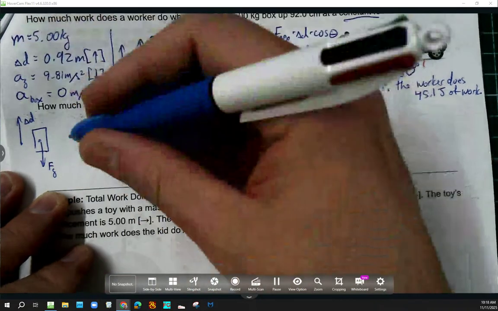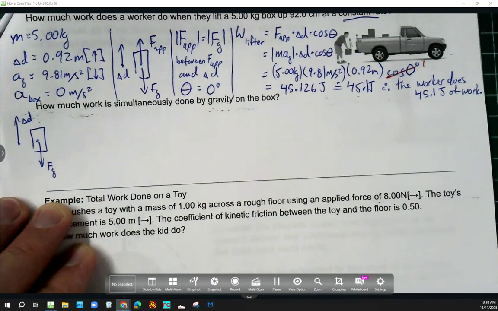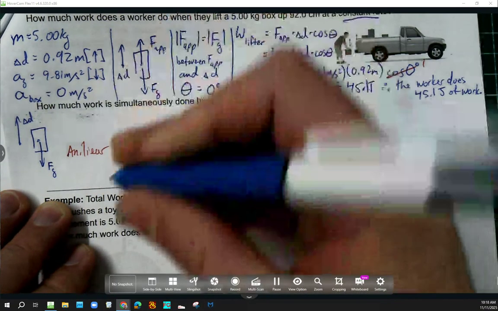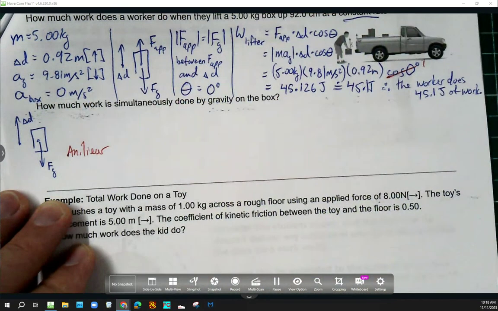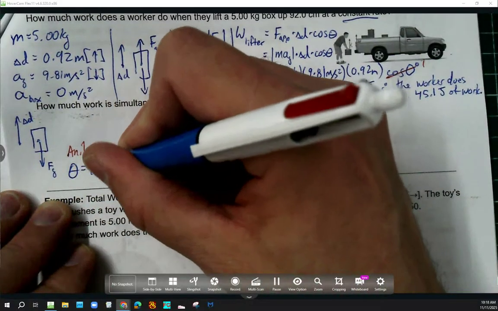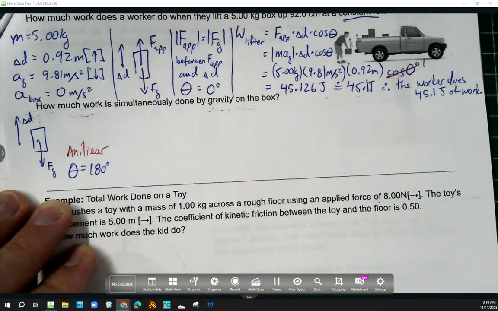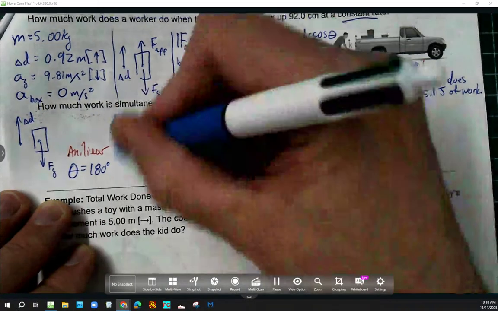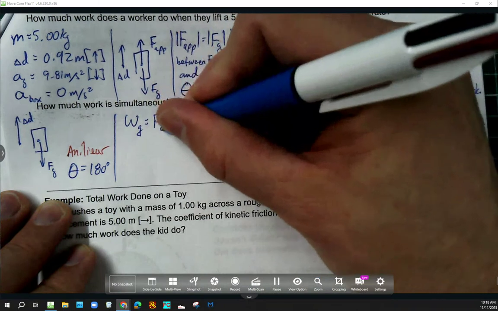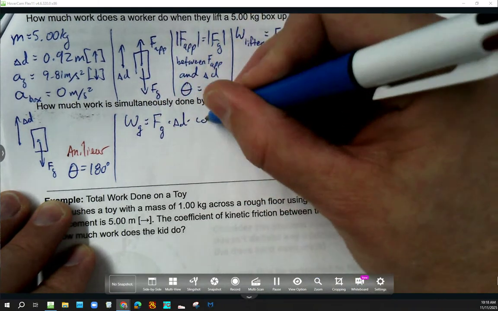And this one's not so bad, except that I'm recognizing this is antilinear. They're opposite directions. And the fact that it's antilinear means that I've got theta equal to 180 degrees. Notice that they're in opposite directions to each other, so 180 degrees. So if I want to figure out the work done by gravity in this situation, it's force due to gravity times displacement times cosine of theta.